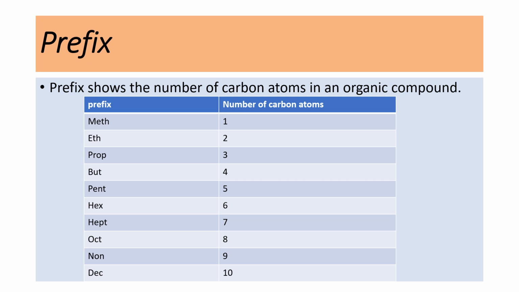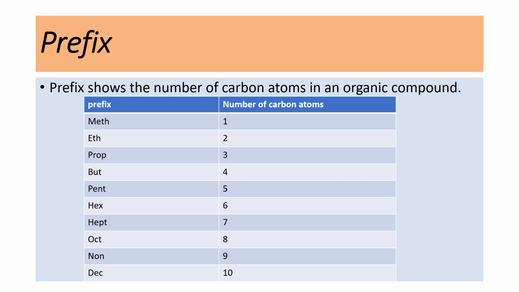Here's a table which shows the prefix. The first prefix is meth, which has 1 carbon atom. Eth, 2 carbon atoms. Prop, 3 carbon atoms, and so on.